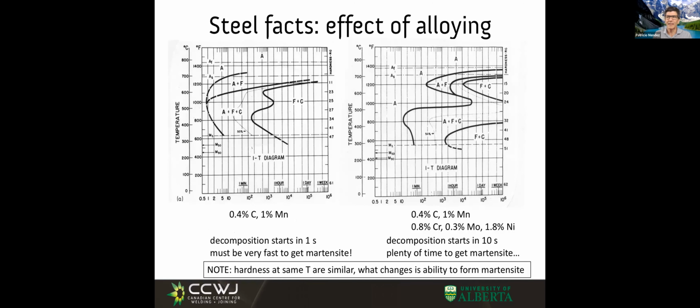So let's take a look at these curves, which I chose on purpose. The steel on the left is a steel we have already discussed. This is our 1040 steel. It's a relatively high carbon steel. This is at the limit of what we would weld happily, right, in being a carbon steel.